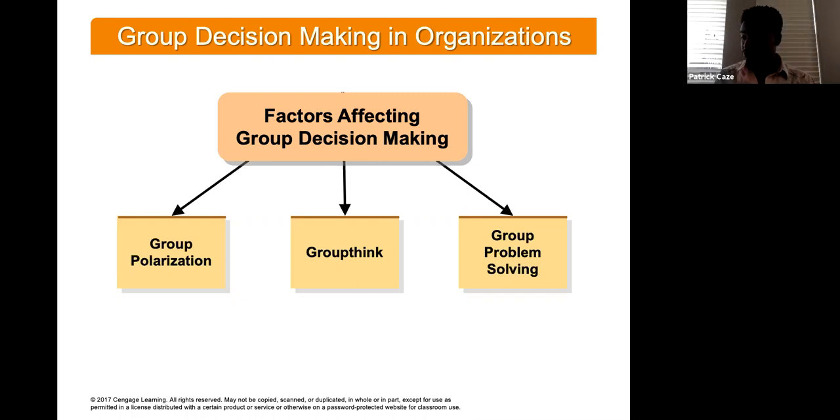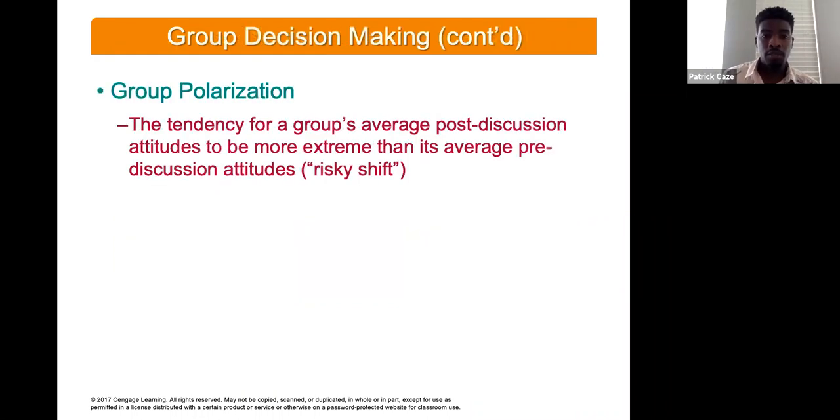And so we have to really look at that and say, okay, as a group, as more than one, how do we go about making decisions, right? And so some things that affect group decisions are group polarization, groupthink, and group problem solving. So let's get into each one, right?